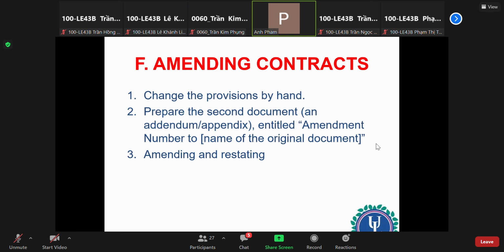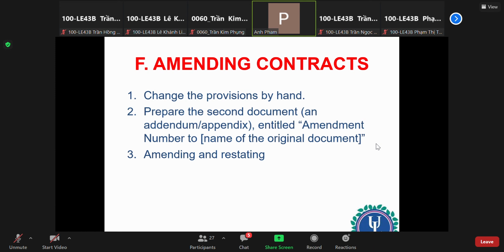the more complicated one is drafting an amendment and restatement agreement, which means that you will abolish the previous one, just restate the previous one and amend any provisions that are incorrect, right?